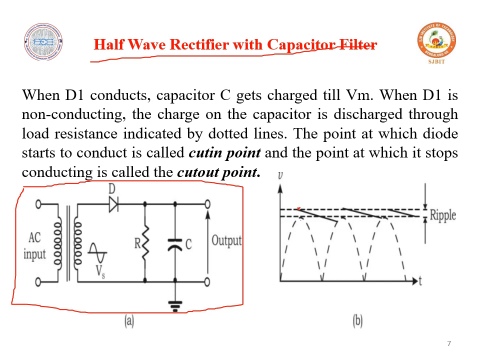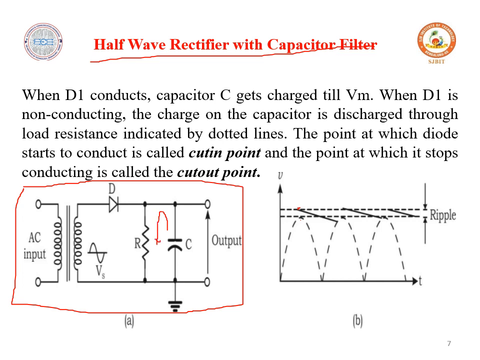When D1 is non-conducting, meaning in the negative half cycle, diode D1 is reverse biased, so it is an open circuit. The capacitor discharges through the load resistor.